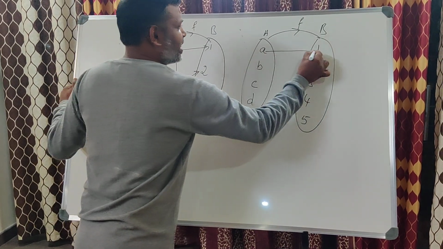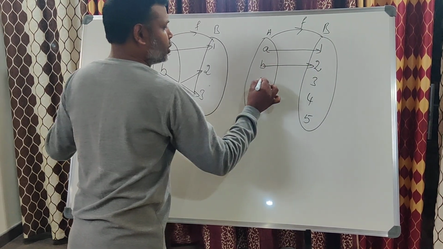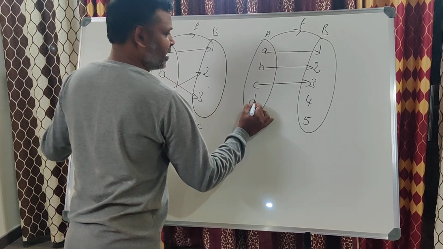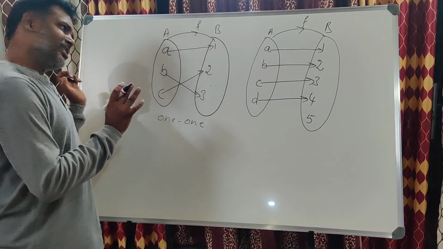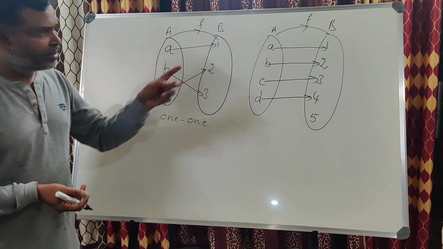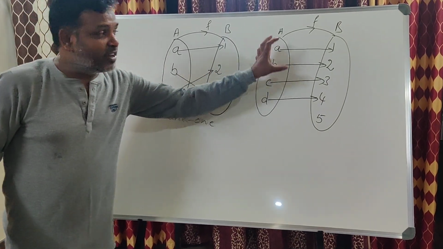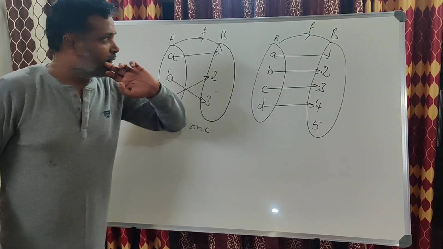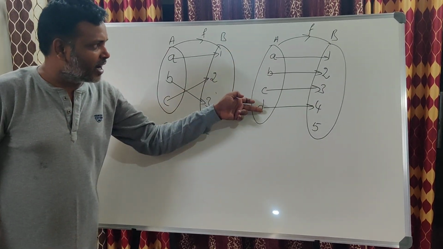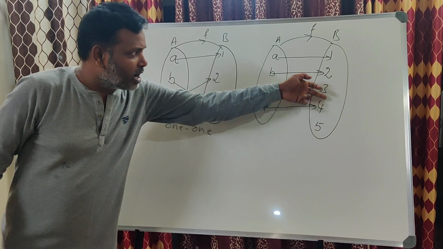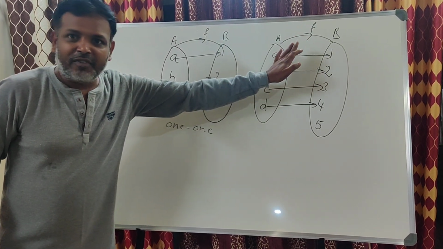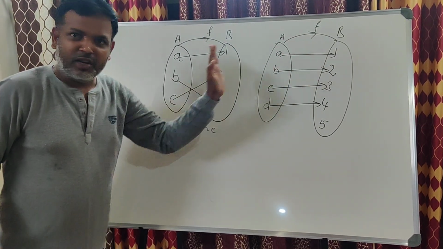Look here, A is related to 1, B is related to 2, C is related to 3, D is related to 4. Now it is also a one-one function. Why? Because the different elements of set A have different images in set B. That means look, A, B, C, D all are different. Their images 1, 2, 3, 4 are also different. Such types of functions we call one-one functions.